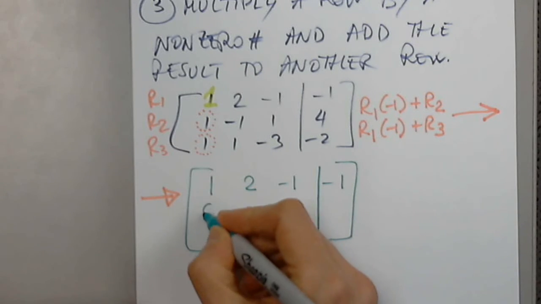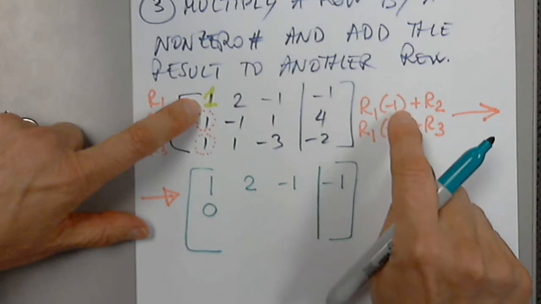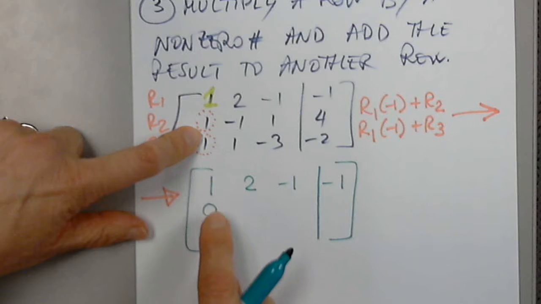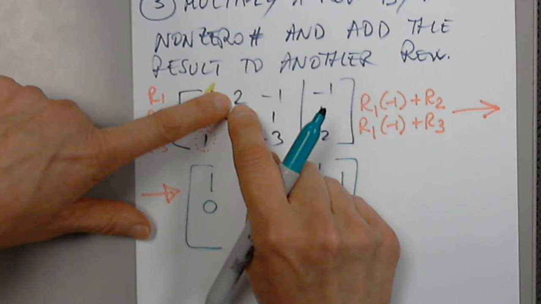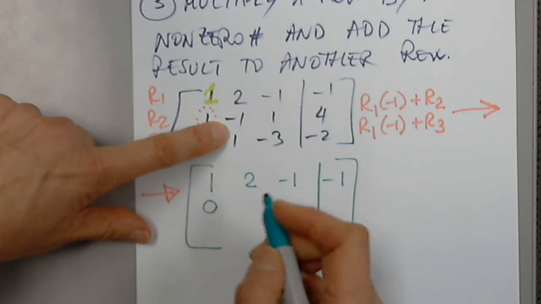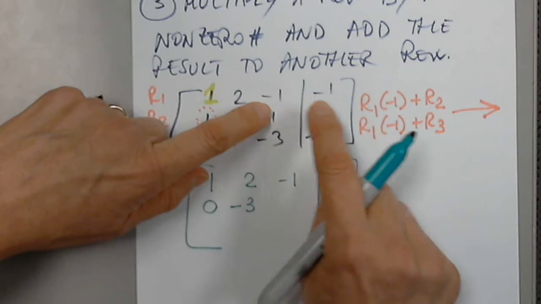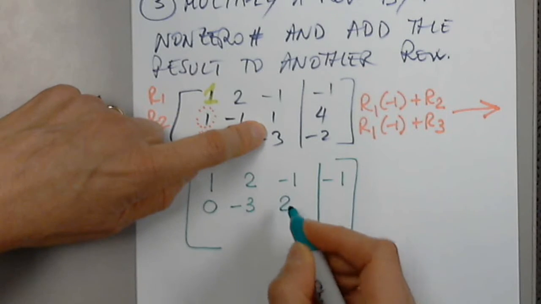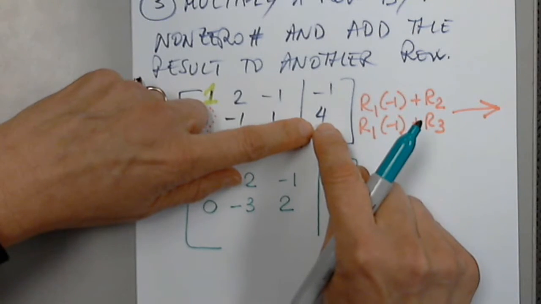0. Very good. Awesome. Yes, of course. 1 times -1 added to row 2. That's -1 plus 1, which is 0. 2 times -1, add the answer to -1. Very good. Do you all agree with -3? -1 times -1 added to 1. -1 times -1 added to 4.